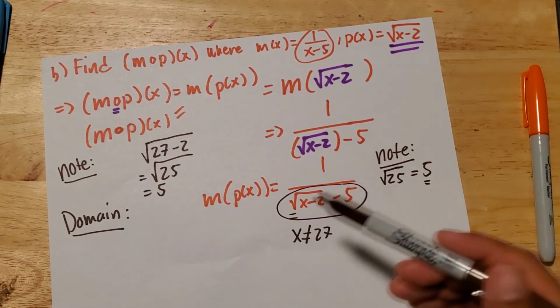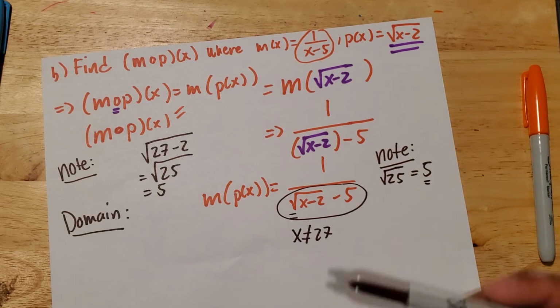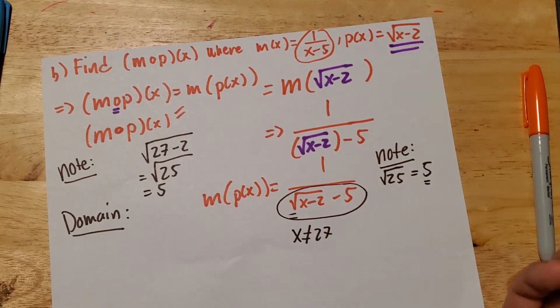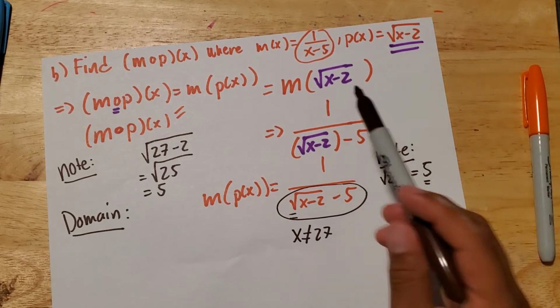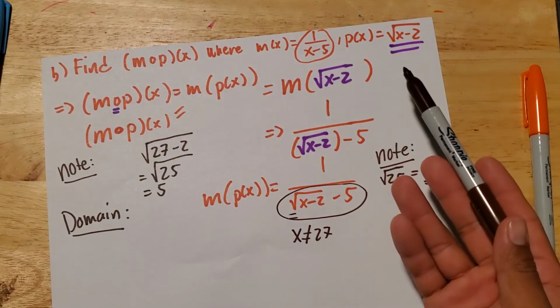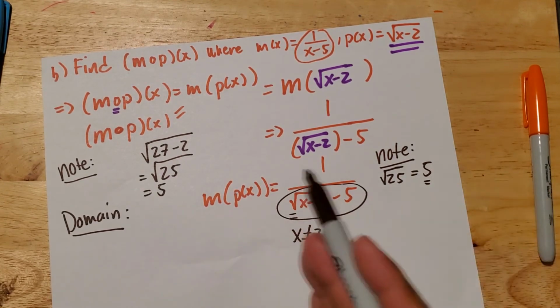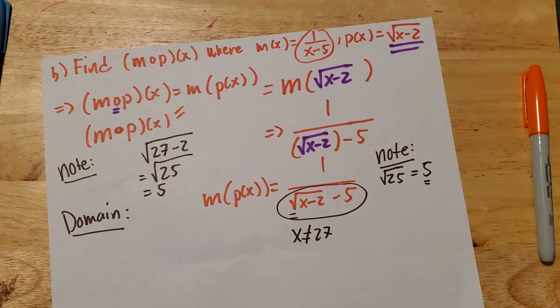So this is where finding the domains of these is a little tricky, especially when the only two functions we've seen have restrictions are fractions and square roots. So when we're doing compositions of them together, it gets a little tricky how you determine the domain.